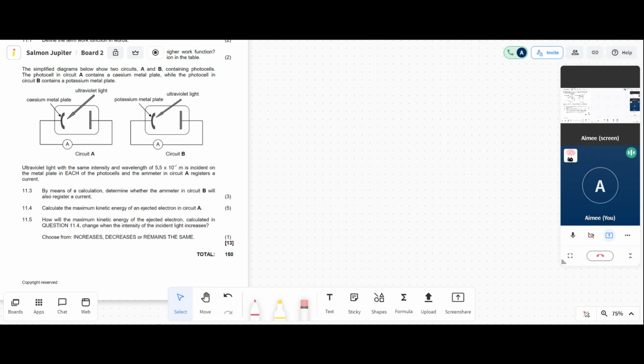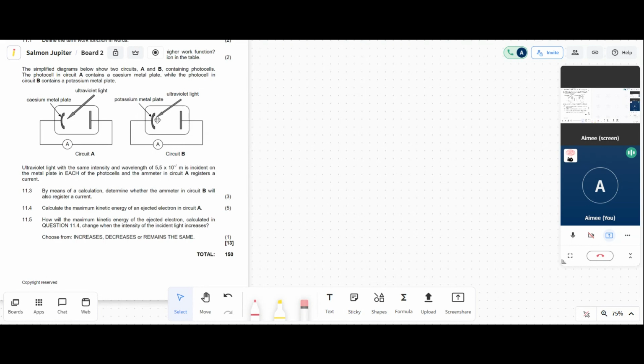Okay, so remember, the only way that we can tell if a current is being registered in the circuit is if the frequency of light that is being shone onto our metal plate is high enough to eject electrons, as in this metal plate will then let go of electrons and the electrons will be able to move around in the circuit.